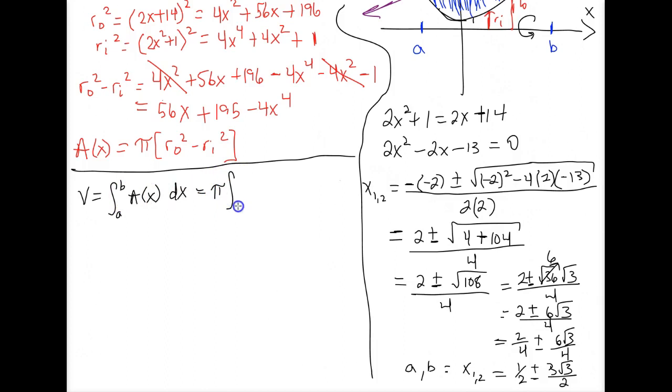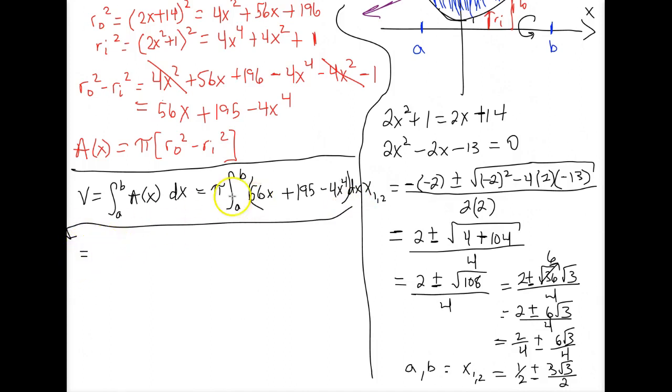We'll put that on the outside from A to B, and our difference in between the inner and outer radius is just 56x plus 195 minus 4x to the fourth, all that times dx. And so now from here, we will just take antiderivatives and do net change theorem.